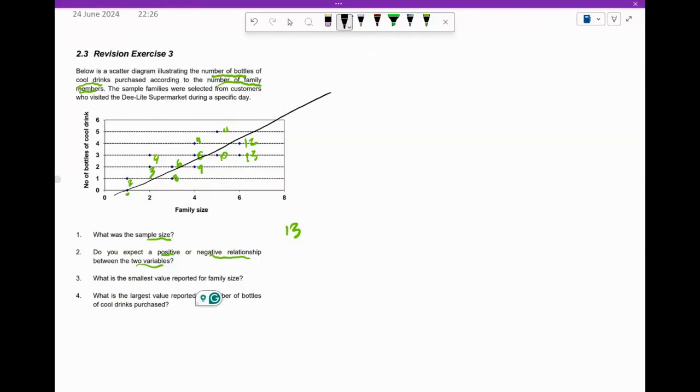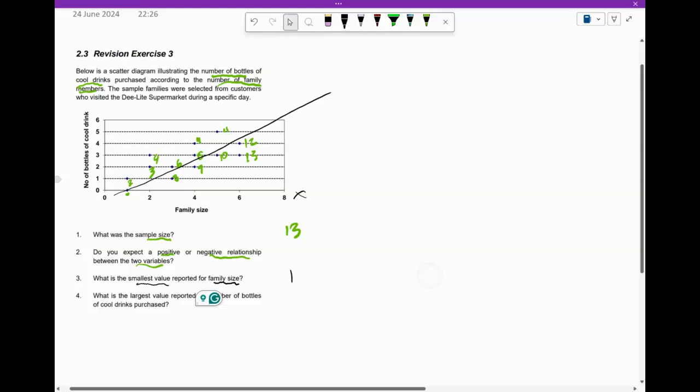Then we go on and it says, what is the smallest value reported for family size? We know that the family size is on the x-axis. What's the smallest value reported? It's 1. Everybody happy with that?